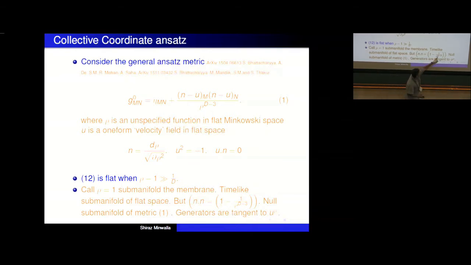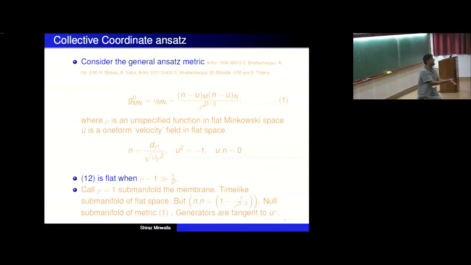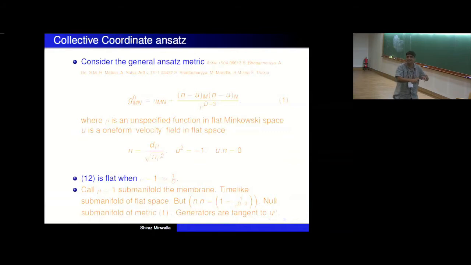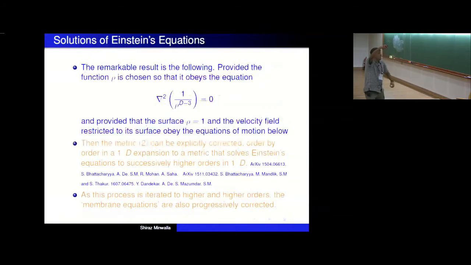And in particular, rho equals 1 becomes a null vector. So rho equals 1 is a null manifold of this metric. That's an exact result. Great. Now, this null manifold will turn out to be the event horizon of the black hole solutions we'll construct. So far, this is just observations.